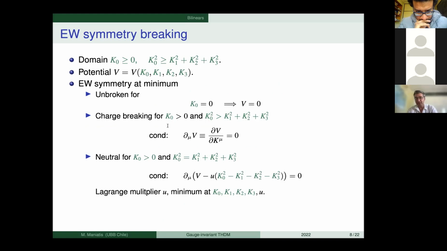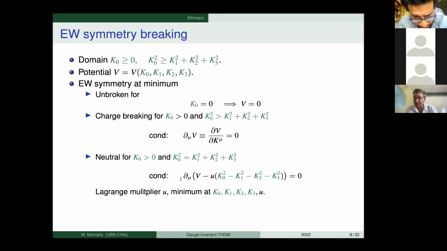This is the region within the forward light cone, where this is just an unequal sign here. K0 squared is larger than the spatial part, so it's within the forward light cone. And the condition for the potential to fulfill this would be a vanishing gradient with respect to these K's. And similarly, on the surface of the forward light cone, we get the neutral vacuum, as one can see.